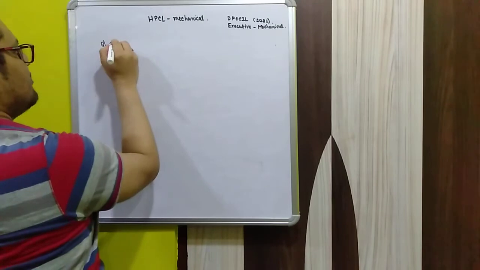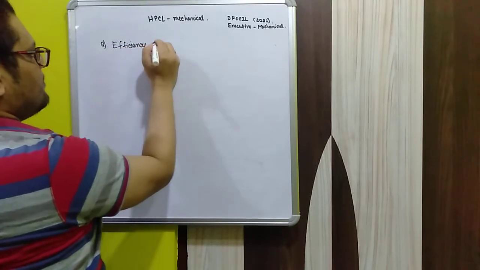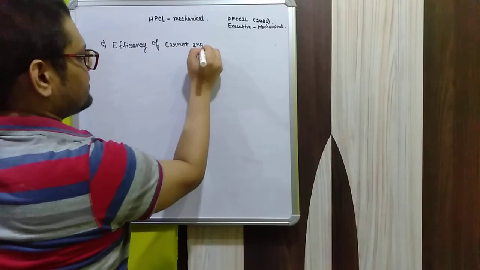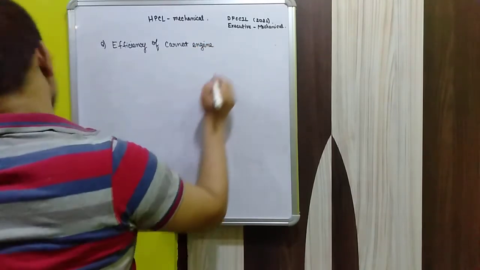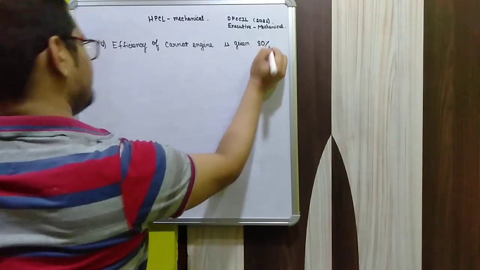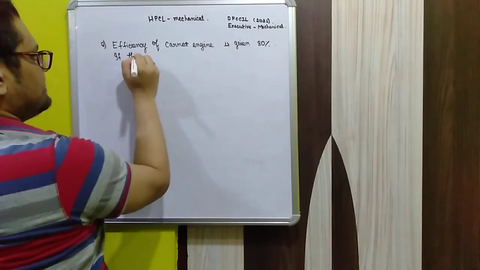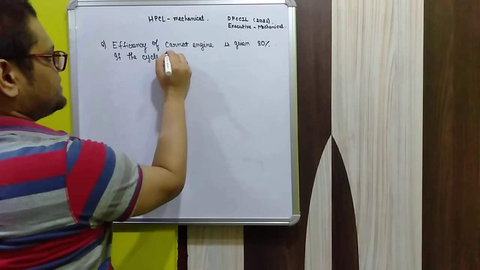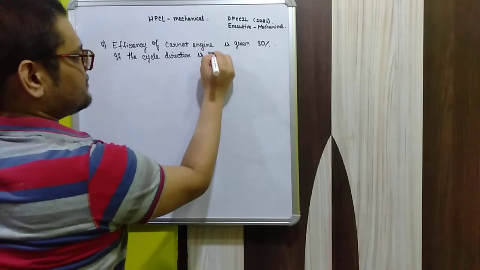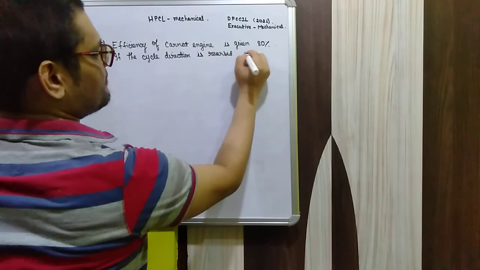The efficiency of a Carnot engine is given as 80%. If the cycle direction is reversed, what will be the value of the coefficient of performance?